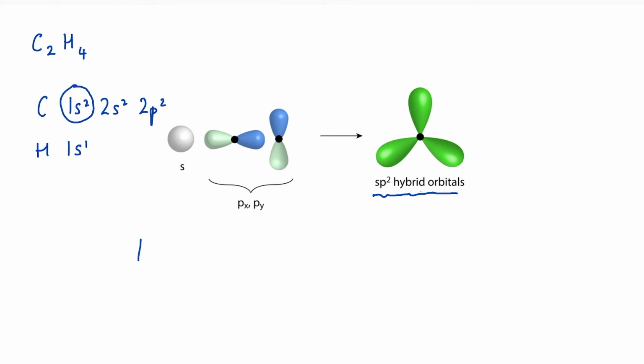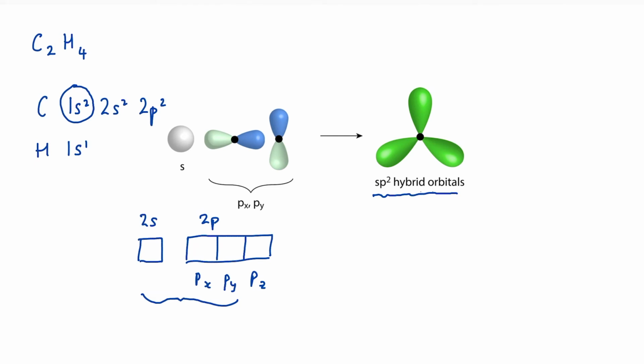So if we take our 2s and our 2p orbitals, so there is my 2s, my 2p, so px, py, and pz, we're hybridizing or mixing up the 2s with the 2px and the 2py.